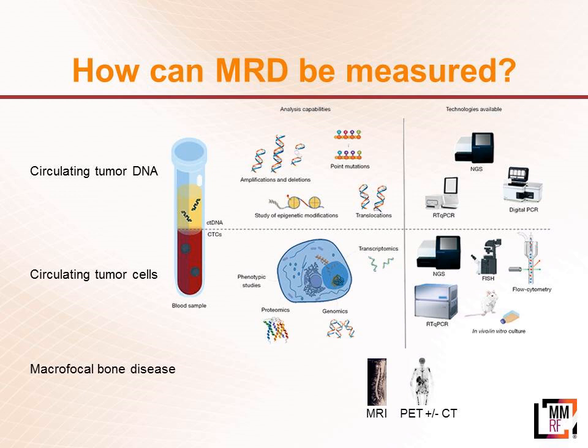But when we're talking about MRD, it's very important to remember that when you're sampling the marrow, if PET scan or MRI is showing disease, and you're not going for that particular spot that's seen on the imaging, you may end up doing the marrow, you may end up getting an MRD negative test, but you will have missed the big picture, which is that there's still potentially disease left.